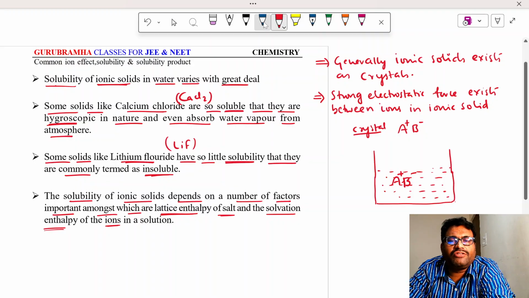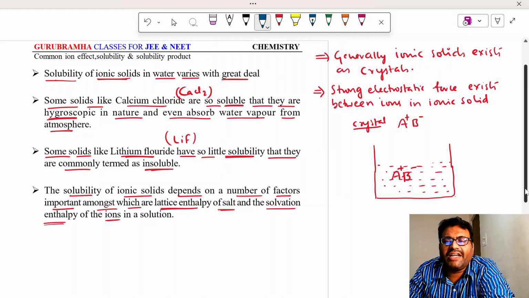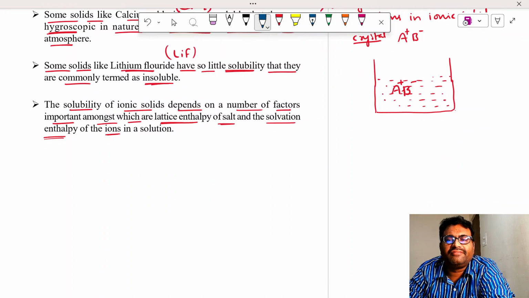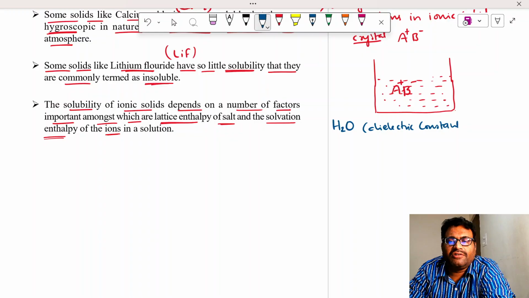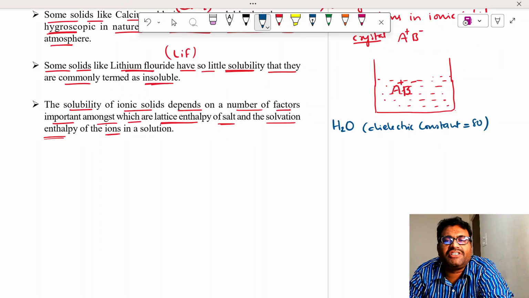When they are dissolved in water, water has a dielectric constant of 80. Simply understood, the dielectric constant means it decreases the force between the ions by up to 80%.